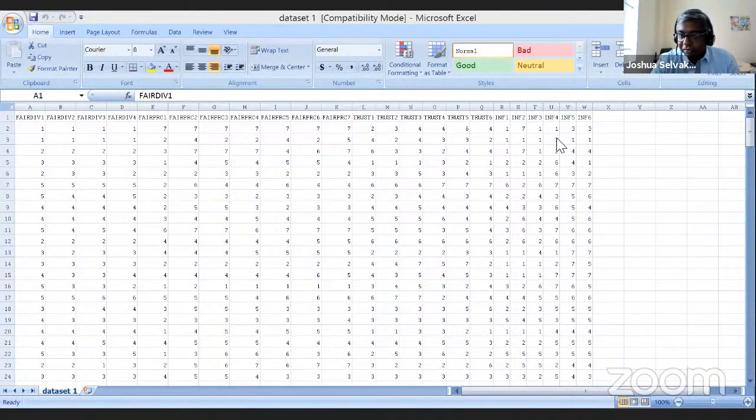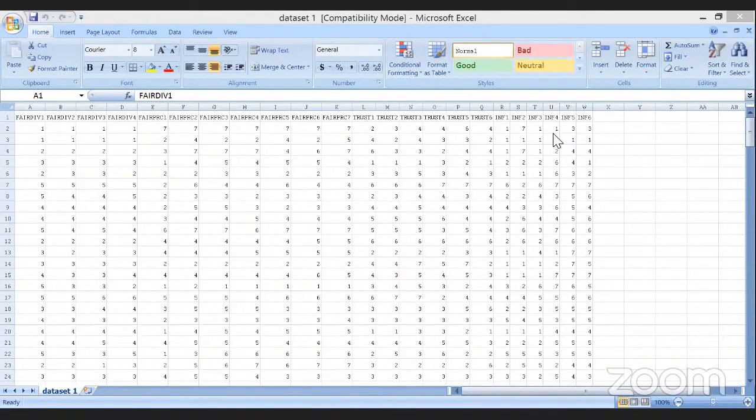Finally, we have six variables which explain another construct called information flow. So how many constructs do we have now? Fair division, fair practice, trust, information flow. Four constructs. With these four constructs, let's build a model and test it.